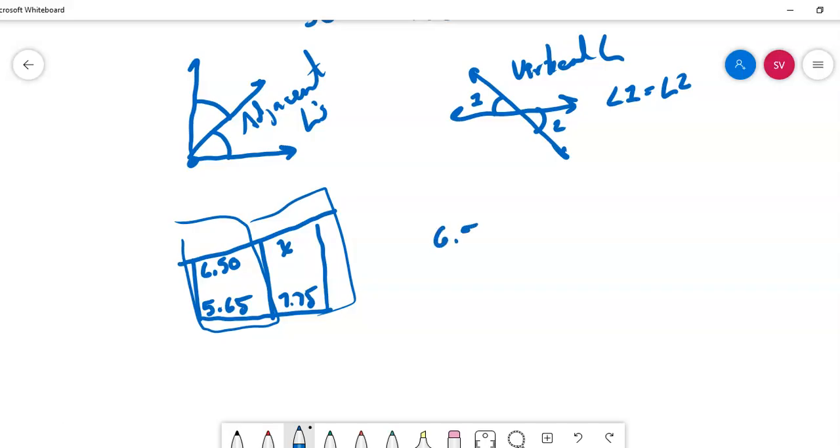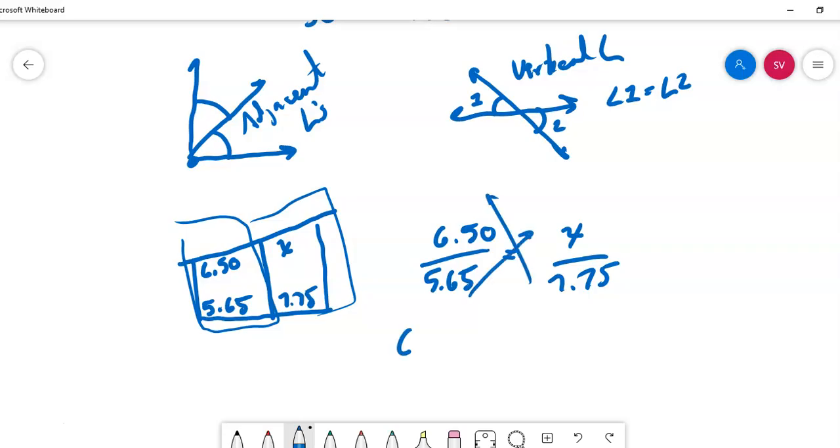We'll try this. So 6.5 is to what's the similar side as 6.5? X. As, so now we're going back, 5.65 is to what's a similar side to that? 7.75. So now we could cross multiply. 6.5 times 7.75 is equal to 5.65 times x.